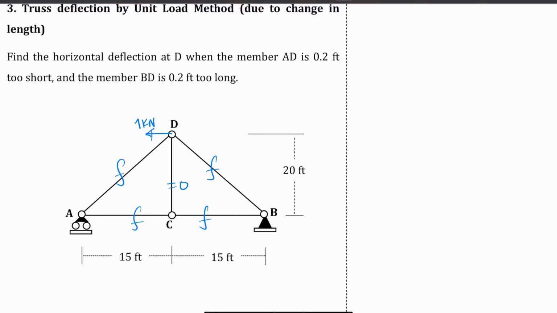Okay, so in this case, it says that the member AD is too short by 0.2 feet, and the member BD is 0.2 feet too long. So if it is too short, negative; if it is too long, positive.